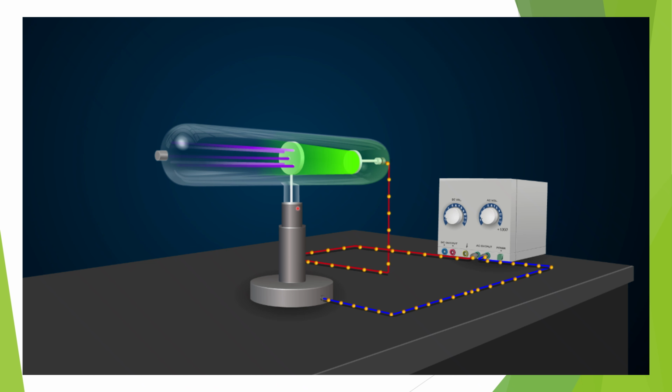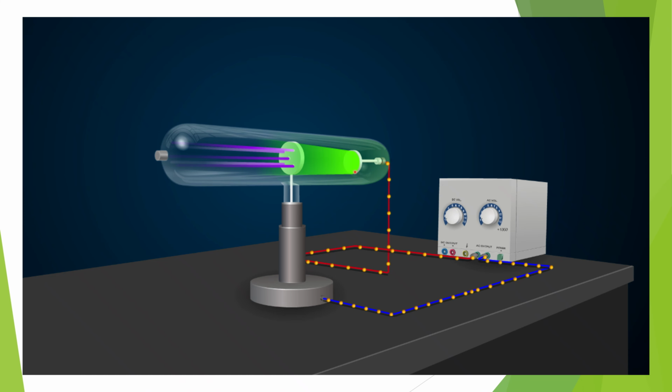Now let's come to the experiment. When the high potential difference was applied across the ends of the discharge tube, we saw that a ray of light was emitted from the cathode and traveled towards the anode.